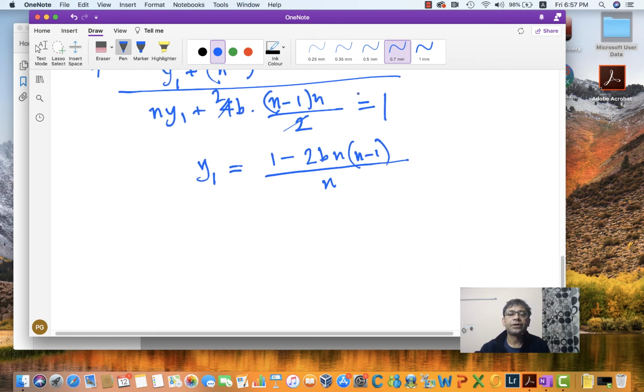Okay, so that's our solution essentially. We have solved for the length of the first interval.